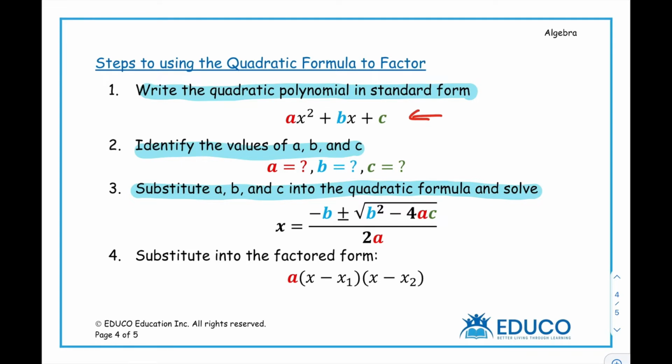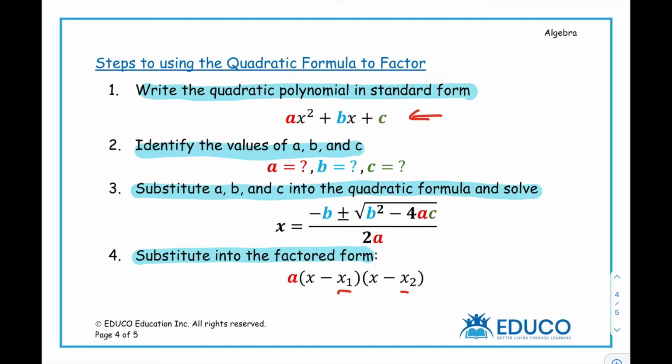More specifically, when we do that, we're solving for these values of x1 and x2 down here in the last step. Once we solve for the values of x, we'll get two values, and then we substitute them into the factored form, which is a, the leading coefficient. The coefficient in front of x squared can also be called the leading coefficient sometimes.